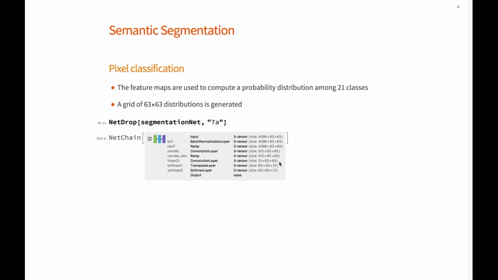So what I want here is to convert these 21 channels into the 21 probability values for the classes in the pixel. So in the end the result is a probability distribution map that I will threshold to get the segmentation out.